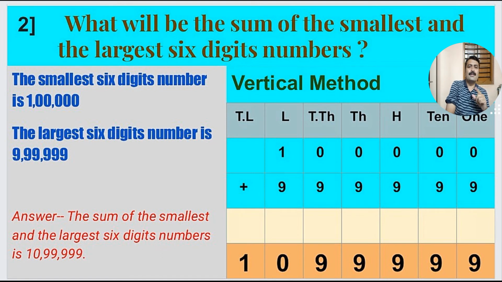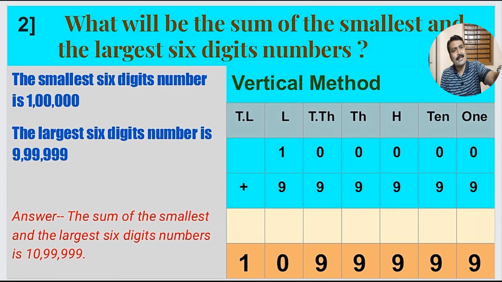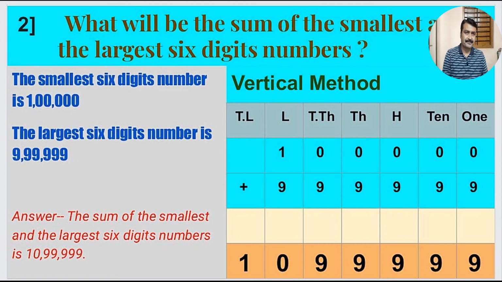After getting these two numbers, we have to find their sum. So we are making the addition of these two numbers. Here I am arranging the numbers into their proper columns. I am taking a total of 7 columns. Why 7 columns?